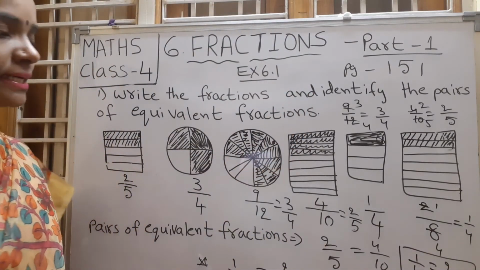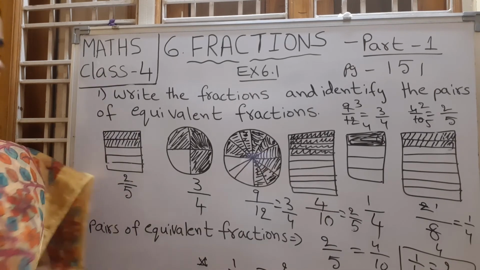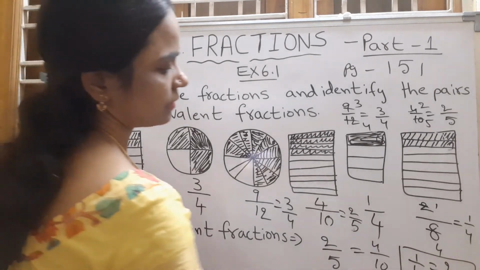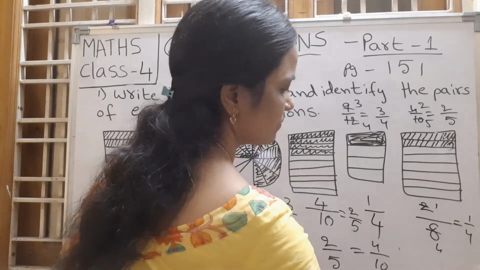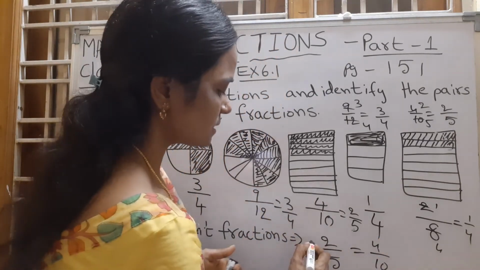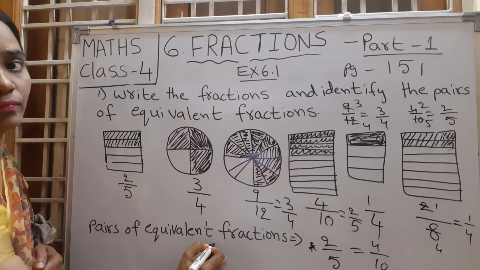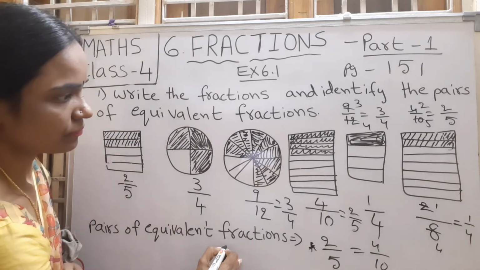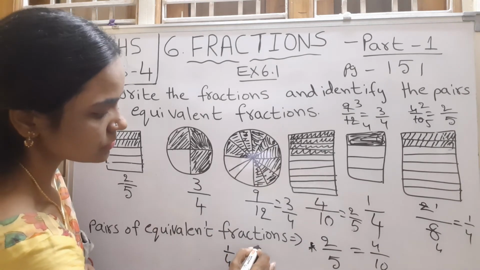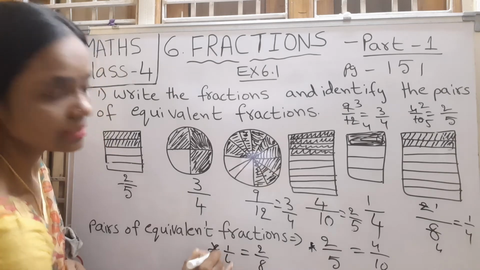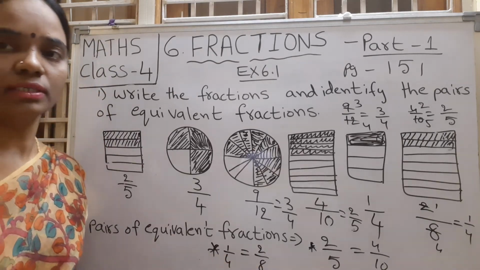You cannot see the board, I think. The first pair is this, and the second pair is, here I am writing, 1 by 4 is equal to 2 by 8. This is the second pair.